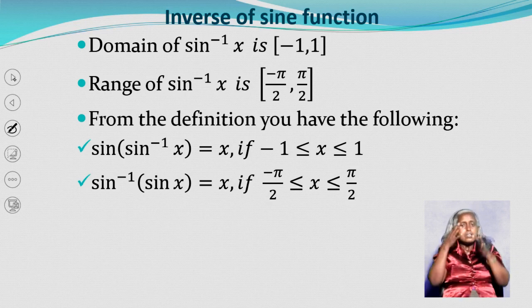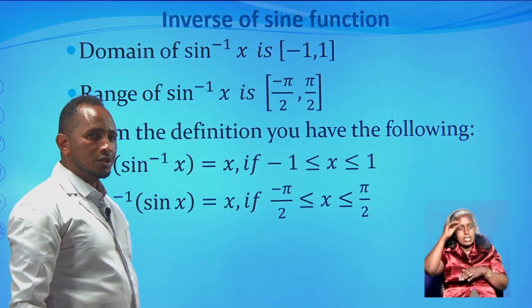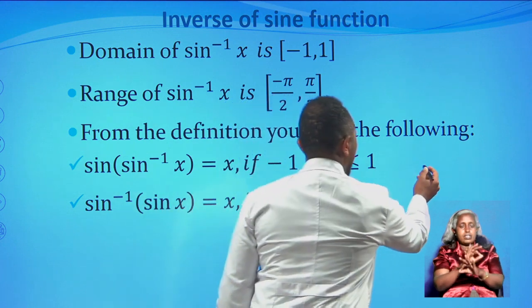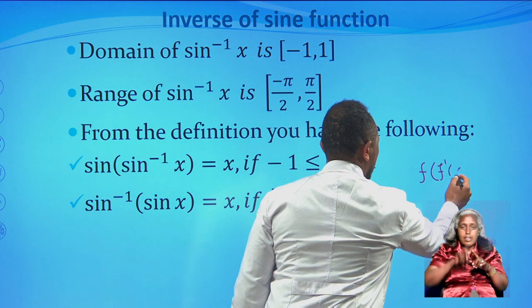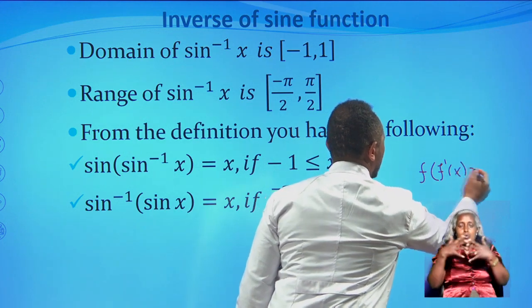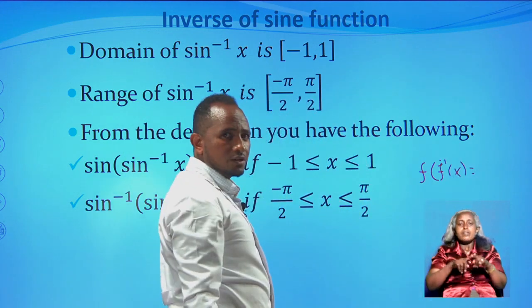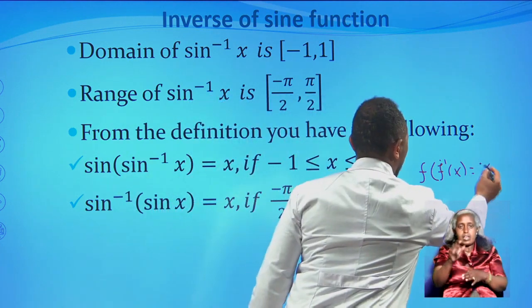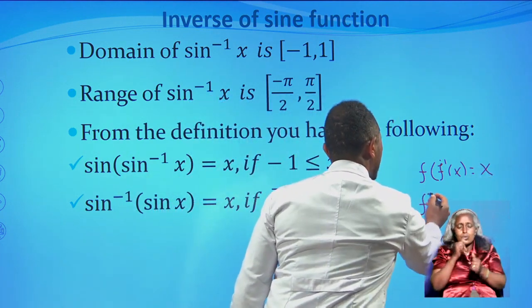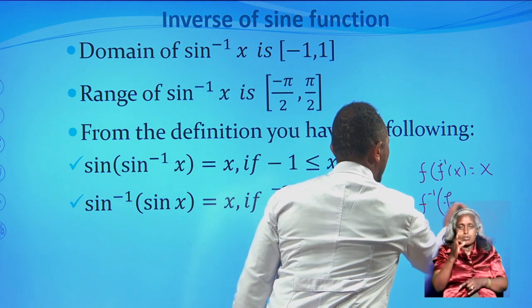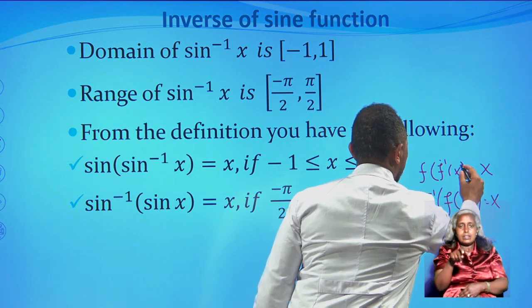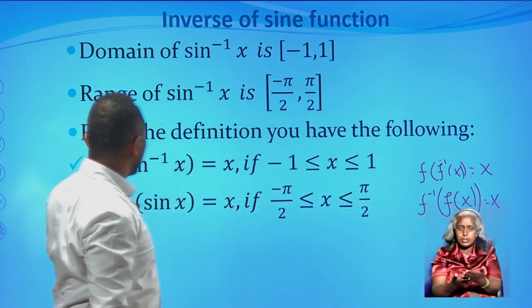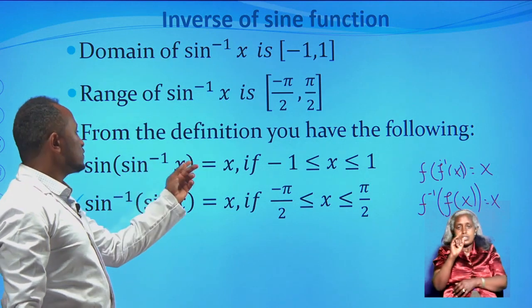If you remember in unit 1 of your lesson about relation and function, f of f inverse of x, the composition of the function and its inverse, always gives you x. Not only this one, f inverse of f of x will also give you x. So here is a composition of sine and its inverse, so it gives you x.